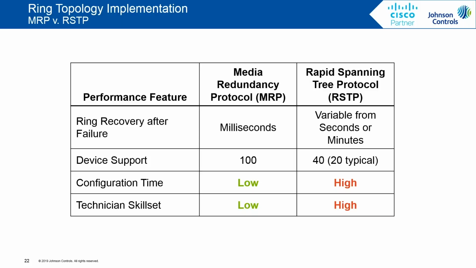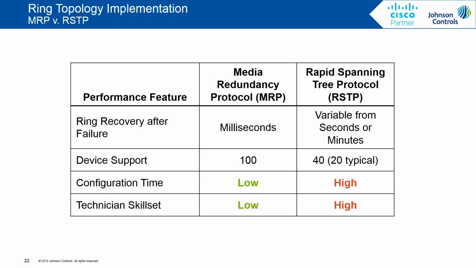Then let's talk about the skill set. Skill set in the smart building industry, the first cost, depends on what level of technician skill set you have. It's pretty simple on an MRP ring. And actually, when an MRP ring fails open or closed, it creates a physical LED light on the switch, versus a spanning tree failure event, which requires IP knowledge to know a failover.